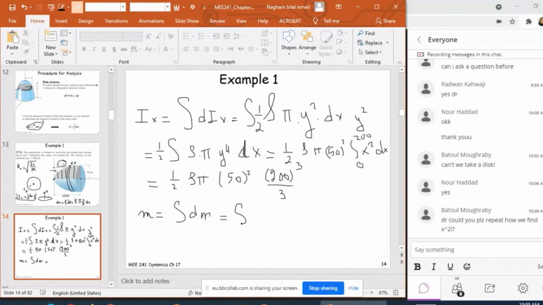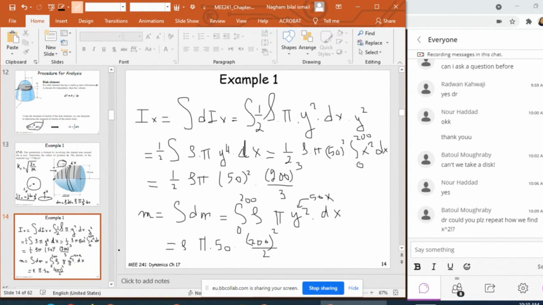So dm is rho pi y squared dx, and I know that y squared is 50x between 0 and 200, which means m is equal to rho pi 50 times x squared over 2, because y squared is 50x, so the integration of x is x squared over 2, which means it is 200 squared over 2.